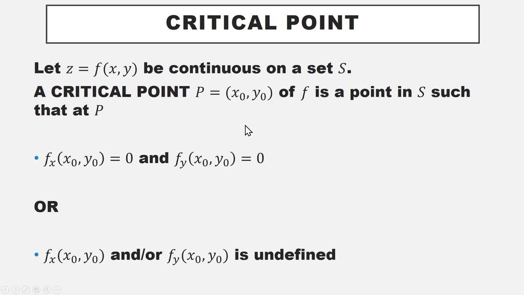Now let's take a look at the concept of a critical point. Let a function be continuous on a set S. Again, we're just defining some set S. A critical point, we'll call it P again, of my function is a point in S such that when you plug in P to the first partial derivatives, you get 0 for both first partial derivatives.